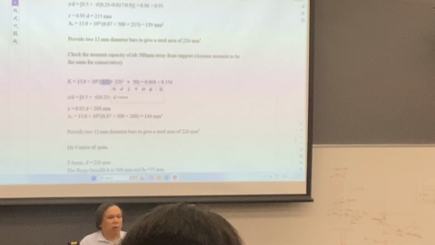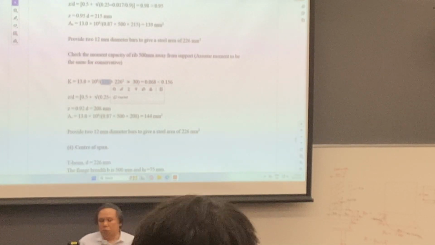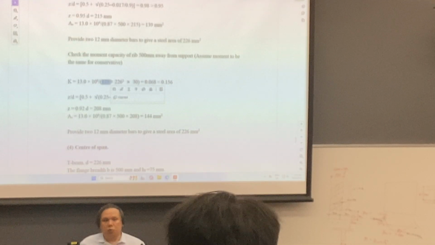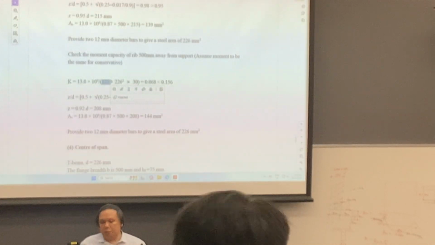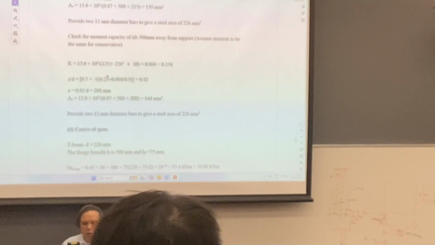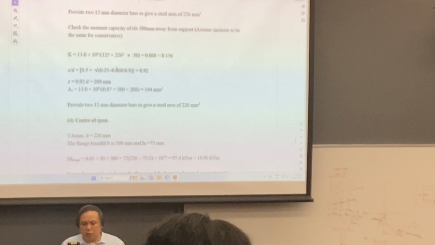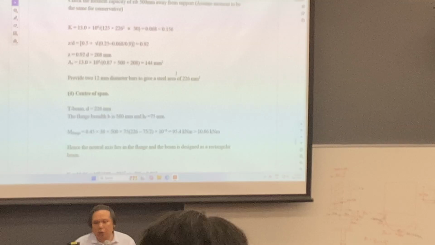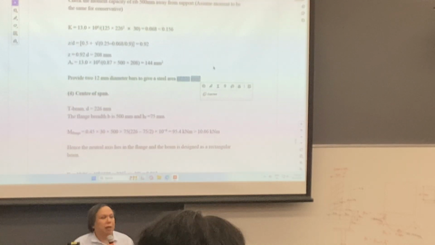The width originally is 500, but right here it reduces to 125, and we want to check whether it will cause any problems to the reinforcement, or whether the section cannot be designed. So right here we use the same equation, put the K value here, find the z, and then find the reinforcement. So actually it is still 114, so the reinforcement is still 2 T12 bars, okay?